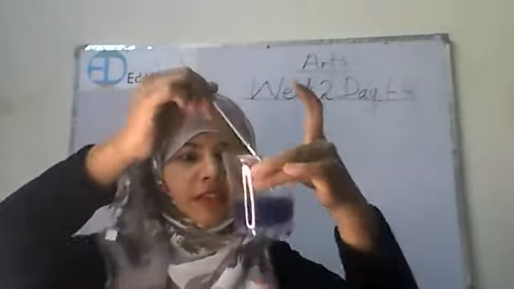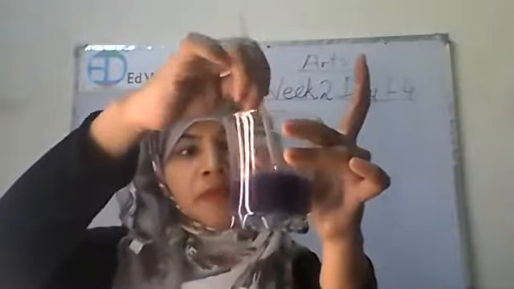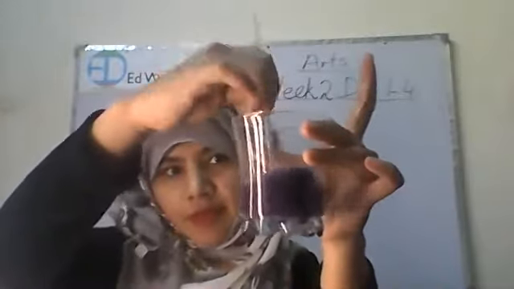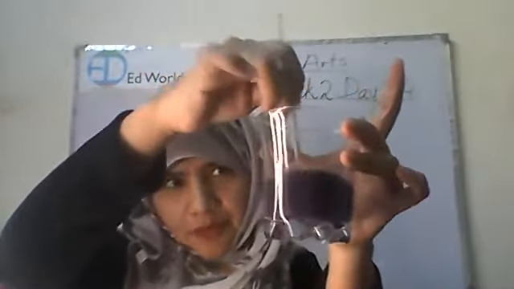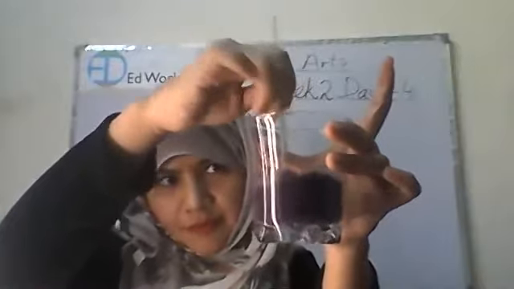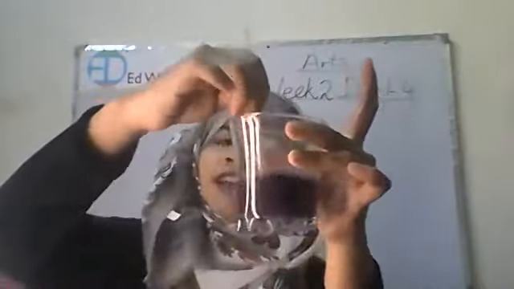This is why it is not mixed well. I'm going to add more red because I have added more blue. Okay, I have taken more red. I hope it will change now. Yeah, the color is changing now. Yes, we got a purple color.